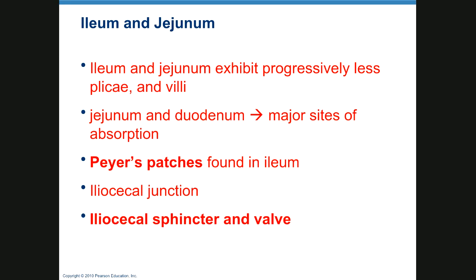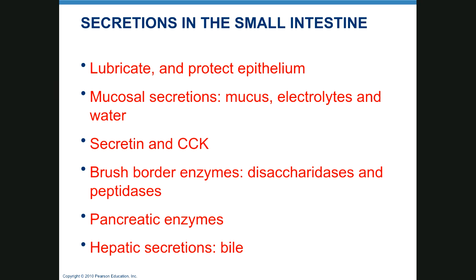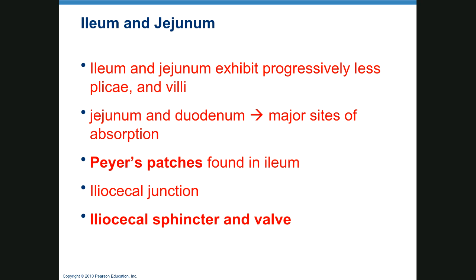And then the chyme, once it's been digested, is moved to the ileum and jejunum, where most of the absorption is going to take place, especially in the jejunum and the duodenum. Peyer's patches are found all throughout, but especially in the ileum, and Peyer's patches are loaded with immune system cells. The ileum joins with the cecum of the large intestine, and the ileocecal sphincter and valve move the contents along into the large intestine.